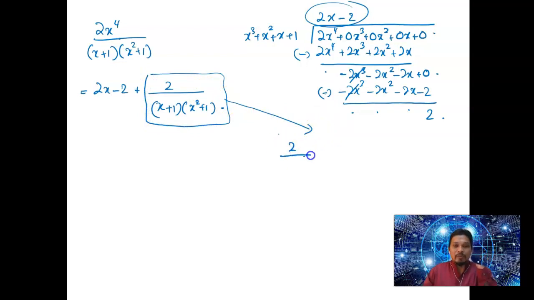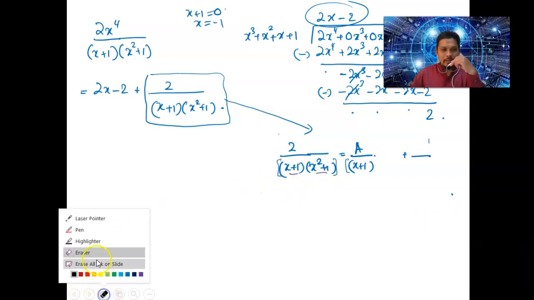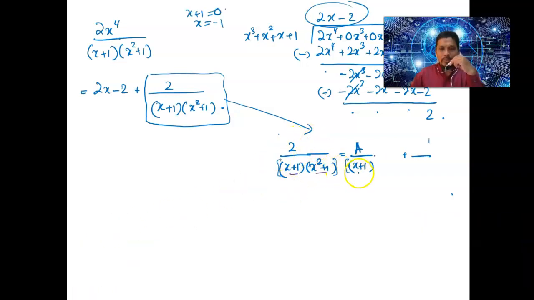So 2 divided by x plus 1 and x squared plus 1 equals a divided by x plus 1 plus, okay, now class, we are going to come up with a partial fraction here.